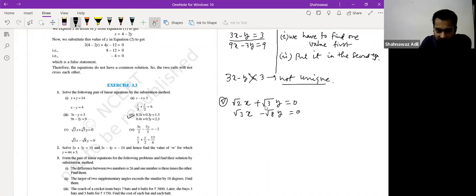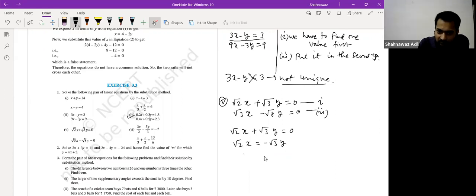So a1 by a2 not equal to b1 by b2, right? Let's just calculate this. So root 2x plus root 3y equals 0, which means root 2x is equal to minus root 3y, right?